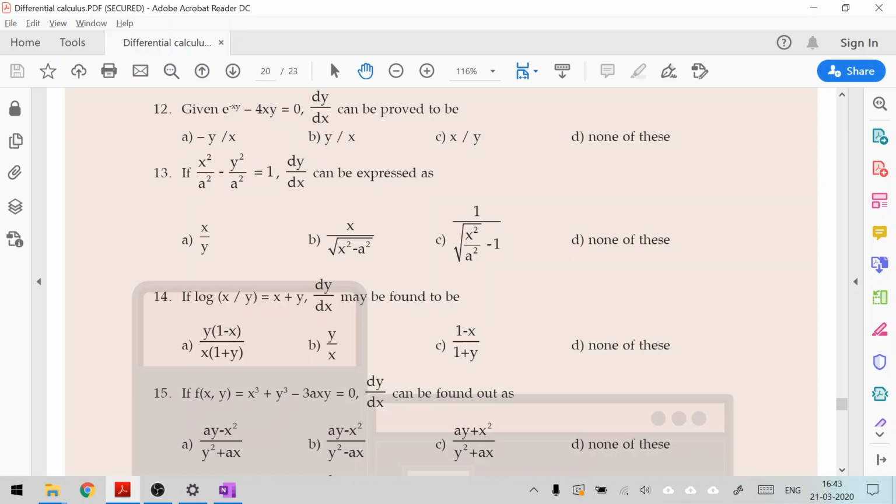Now look at this question. This is the first time you're having a question where you have e power minus xy. X and y are coming together as one term. Okay. Now minus 4xy. So this is an implicit function. Now look at this question.